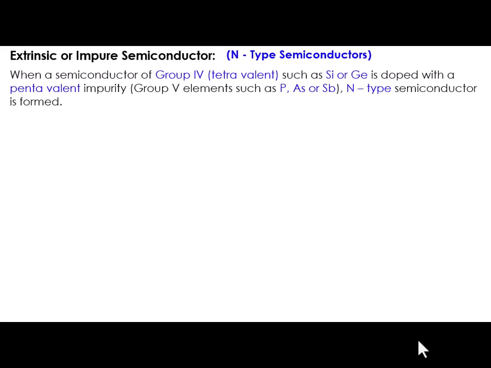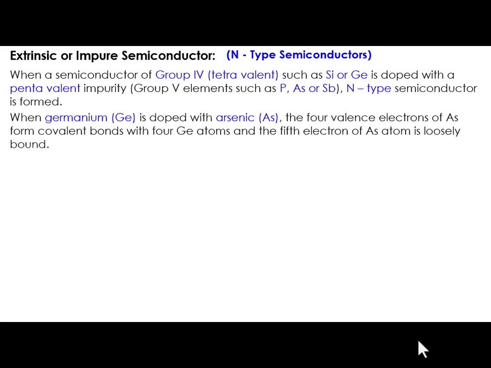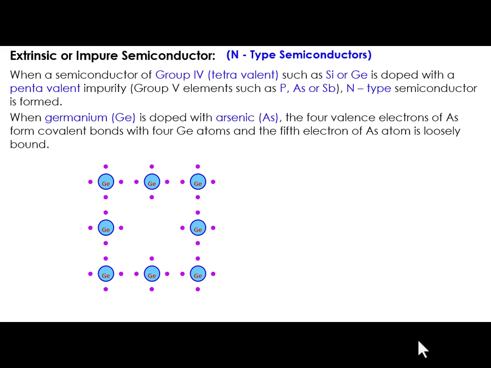When a semiconductor of group 4, which is tetravalent, having 4 valence electrons, such as silicon or germanium, is doped with a pentavalent impurity, group 5 elements such as phosphorus, arsenic, or antimony, an N-type semiconductor is formed. Now let us consider, for example, a germanium crystal doped with arsenic as shown in the figure below.